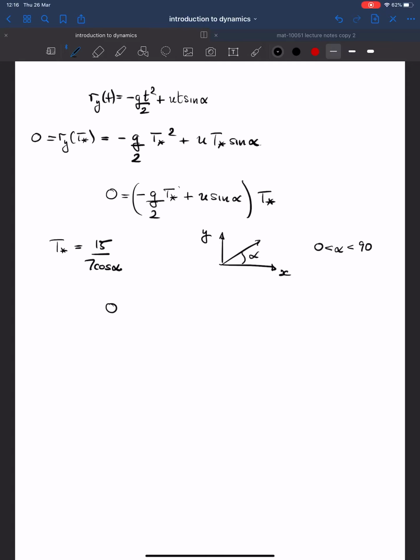So I have this. If I insert t star, I have the following. So why am I mentioning alpha? Well, in this range, cos of alpha is not 0.